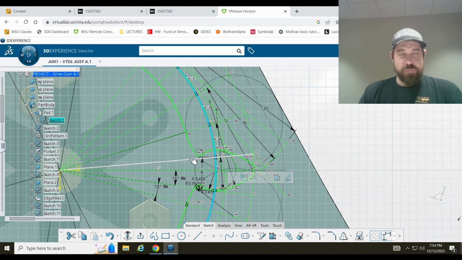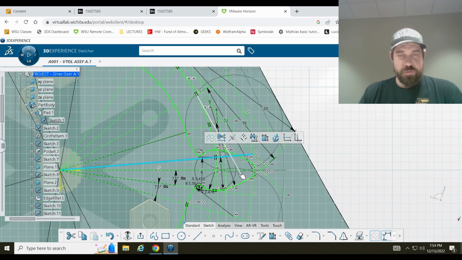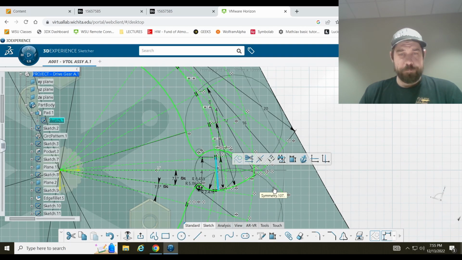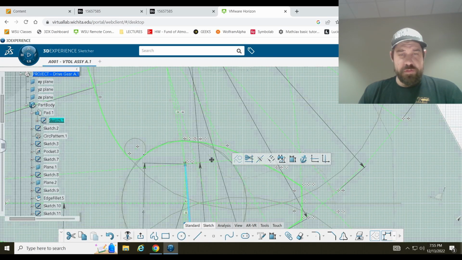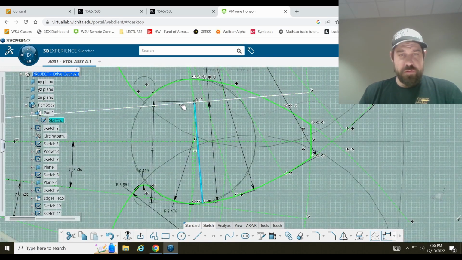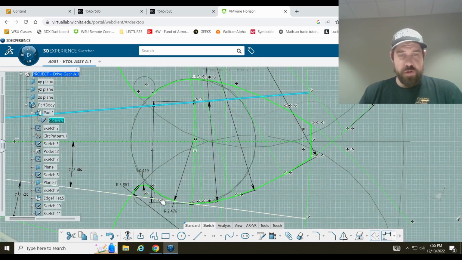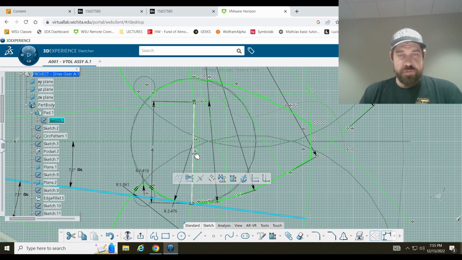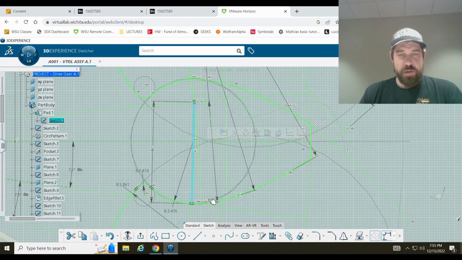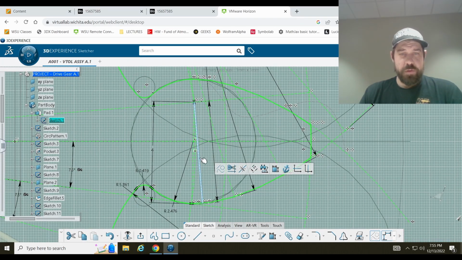So as one of these radial construction lines passes it, at that point you generate a tangent line. The length of that tangent line needs to be the distance between where one of these intersects and where the other intersects. So I just made a line between them and made this equal to it.